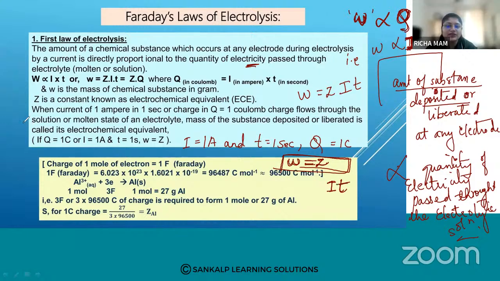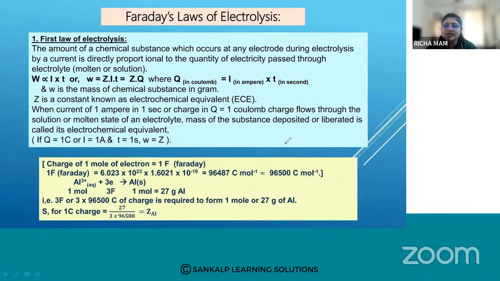Now if you want to find the charge of 1 mole of electrons, it is nothing but 1 Faraday. It is given as Avogadro's number into 1.6 into 10 raised to minus 19 coulomb.